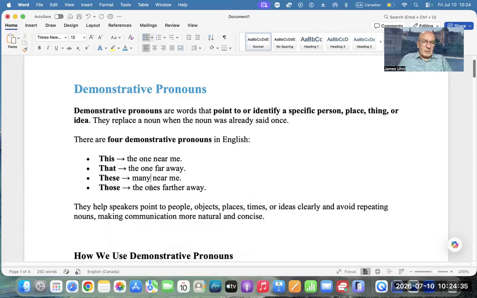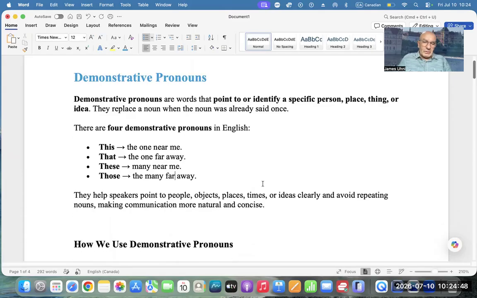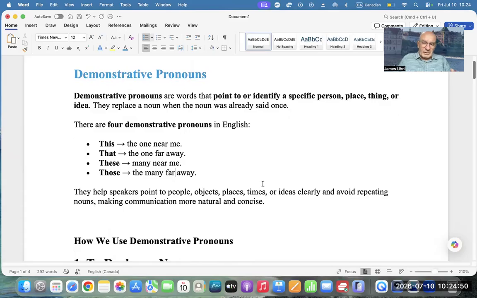Those, the many far away. Now we are going to explain each group.